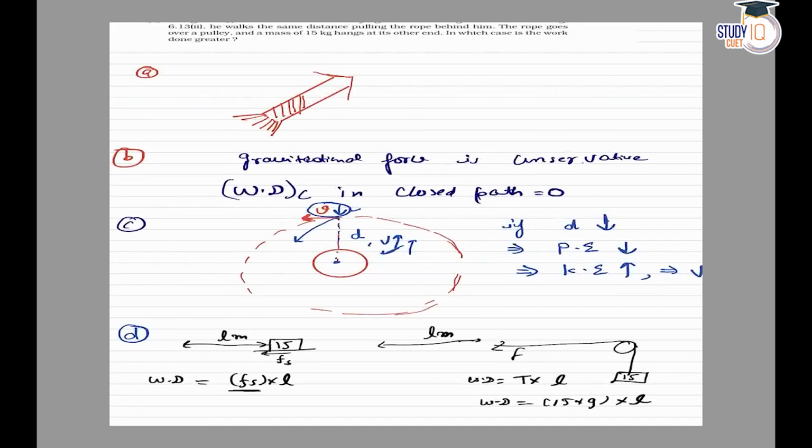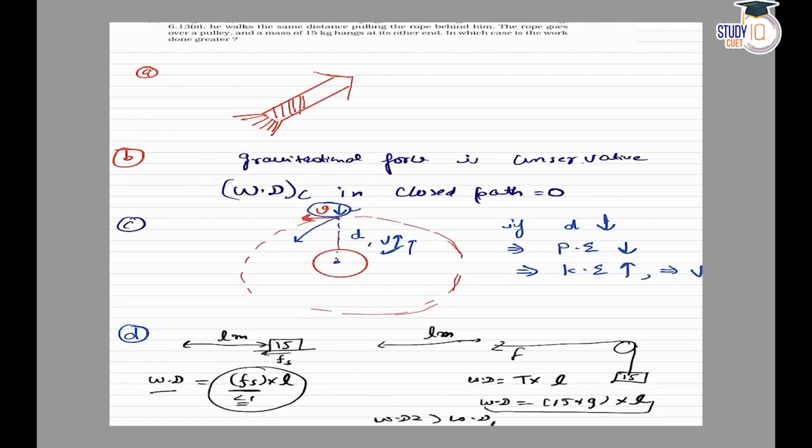Friction is equal to mu times N, which is at most 15g, and mu is less than 1. This implies that in the first situation the force is less and the work done is less, and in the second situation the work done is more. So the work done in the second situation is greater than the work done in the first situation.